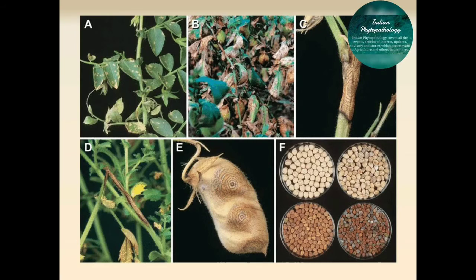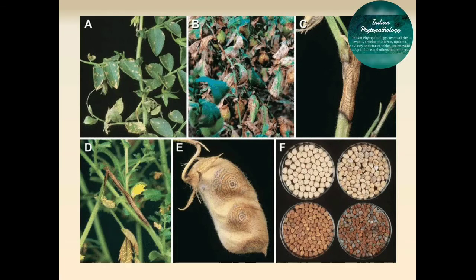This Ascochyta blight disease is a seed-borne disease, and for management of such seed-borne disease, we have to use disease-free seeds for sowing, then follow crop rotation, intercropping with wheat, barley or mustard to break the life cycle of this pathogen.